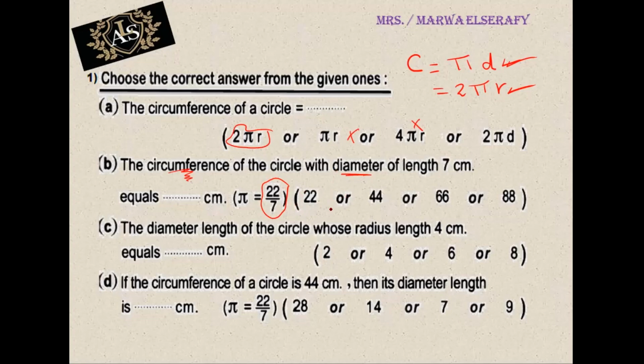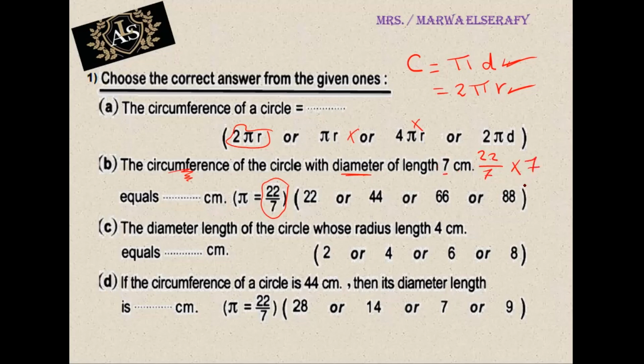So I will write this rule. Circumference equal pi times d. Pi will be equal 22 divided by 7, times d. d equal 7.